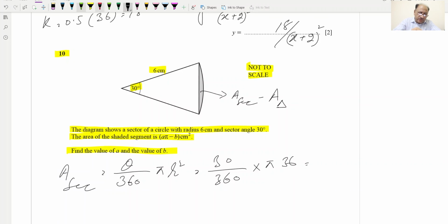So 36 will be cancelled with this, and it will be 10, and 10 will be cancelled. So we will get basically 3 pi. So our area for the sector is 3 pi.